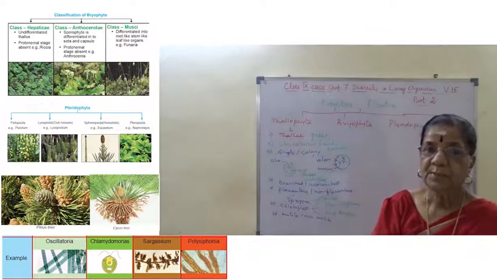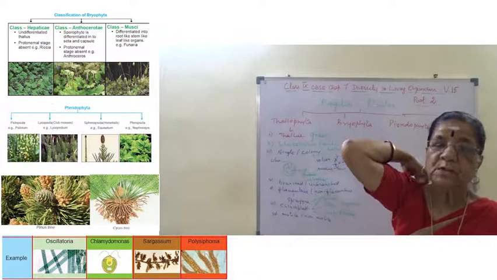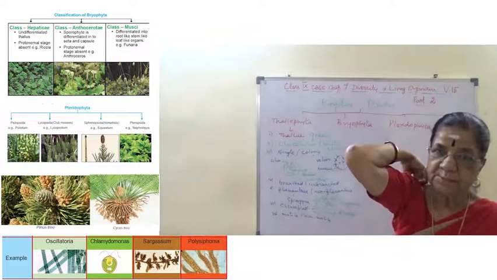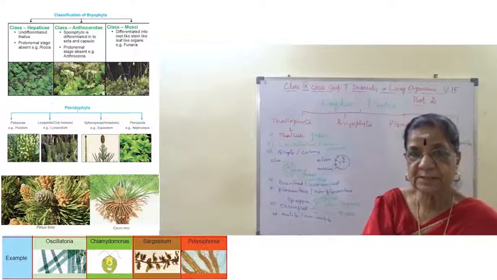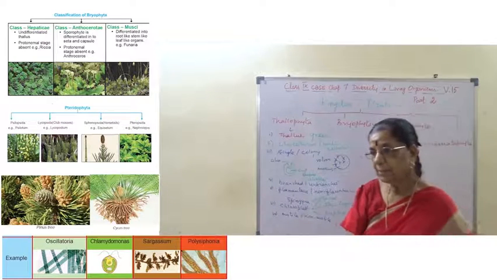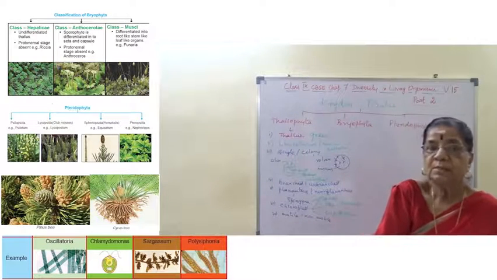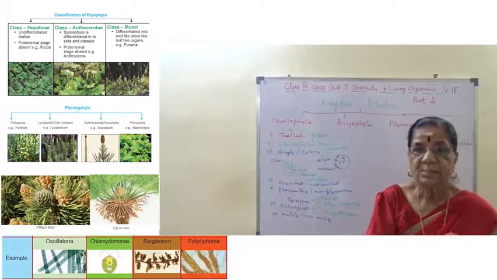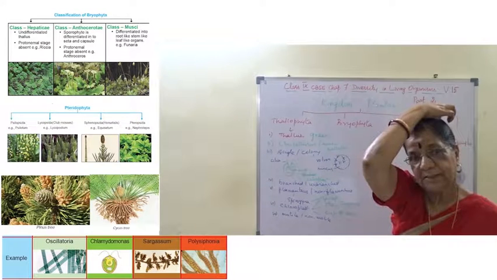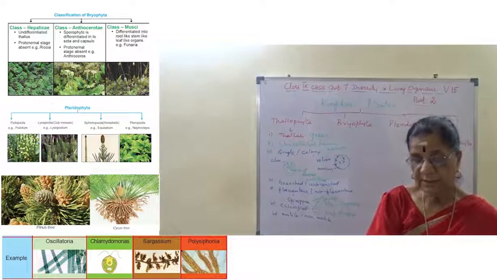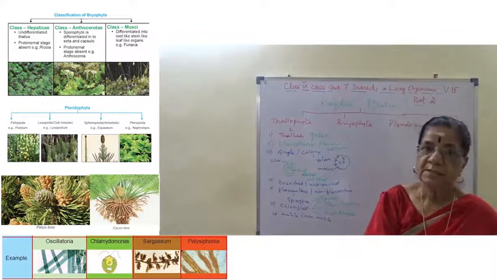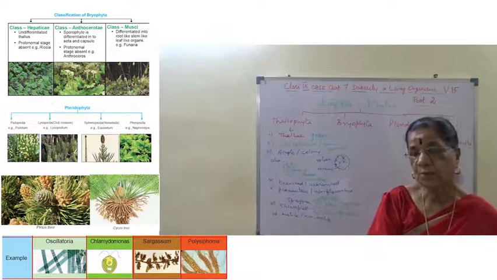The pigmentation also differs in all these subclasses, but definitely chlorophyll will be present. In brown algae, for example, chlorophyll will be present, but the brown pigment will be a little dominant.